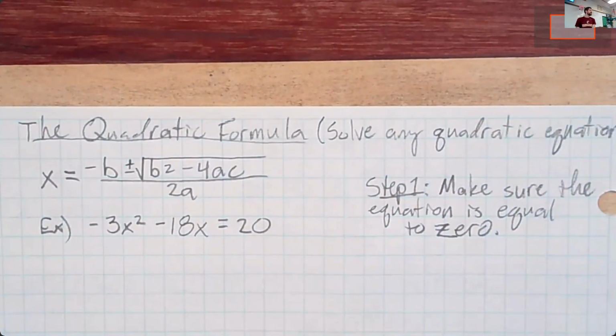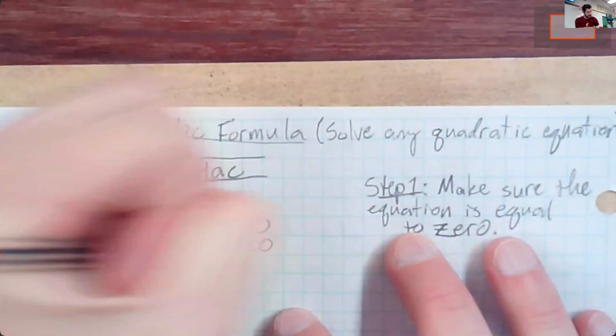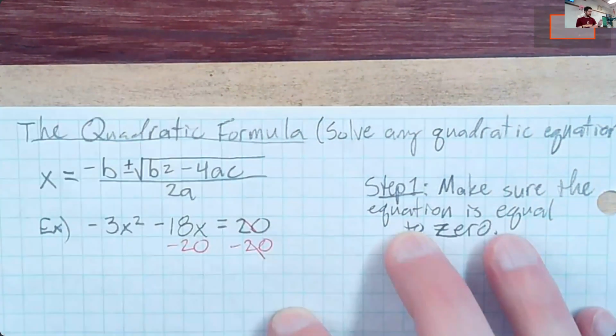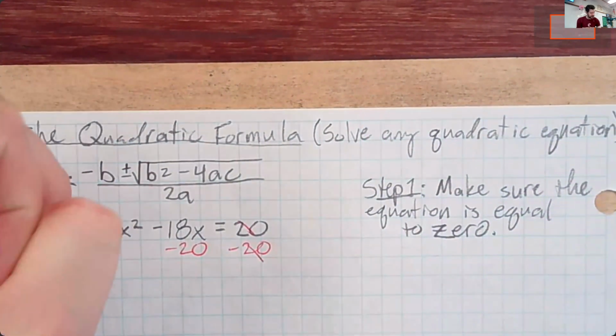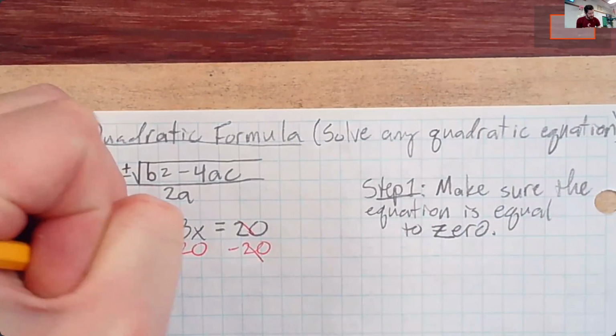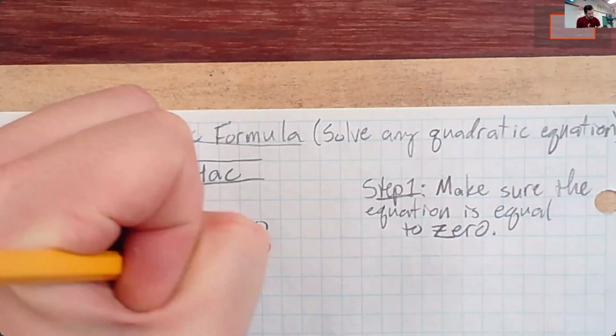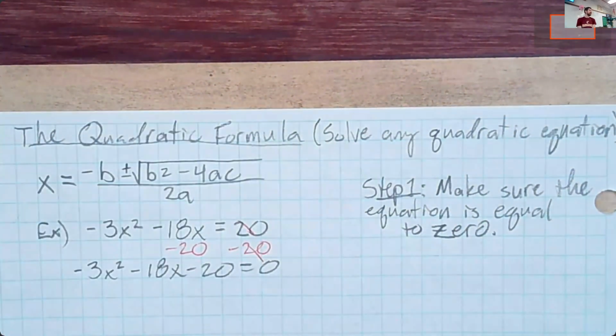That equation is not equal to 0. What do we have to do to get that equal to 0? Subtract 20. Good. Minus 20, minus 20. The 20s cancel out on the right. The 20 does not combine with anything on the left. So we're going to get negative 3x squared minus 18x minus 20 equals 0. Now it looks like the equation on the front.